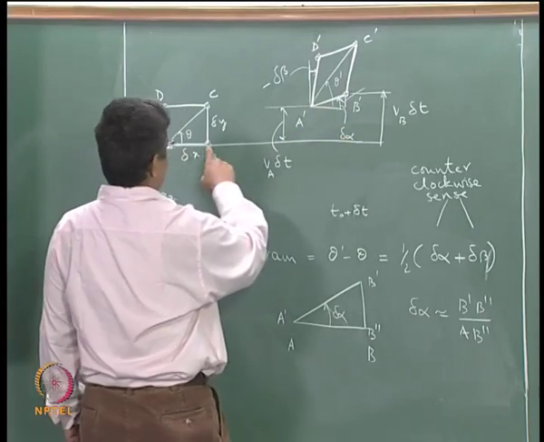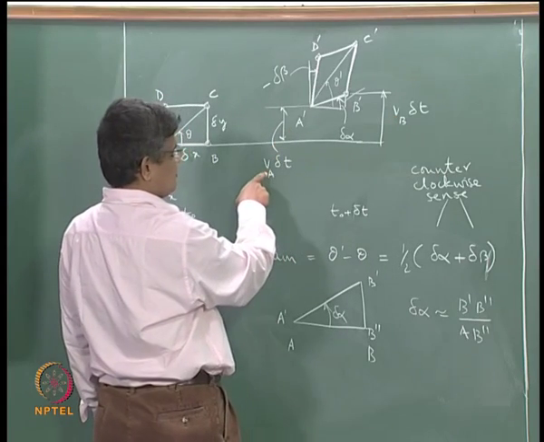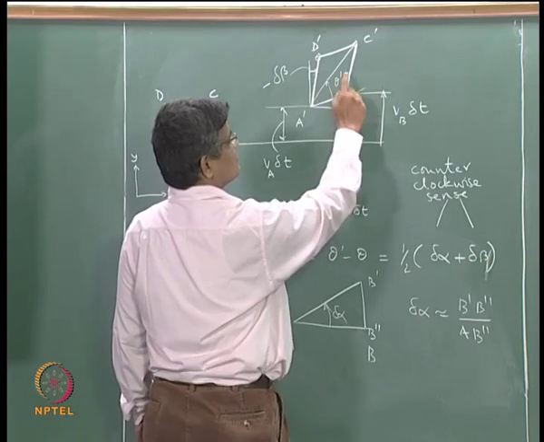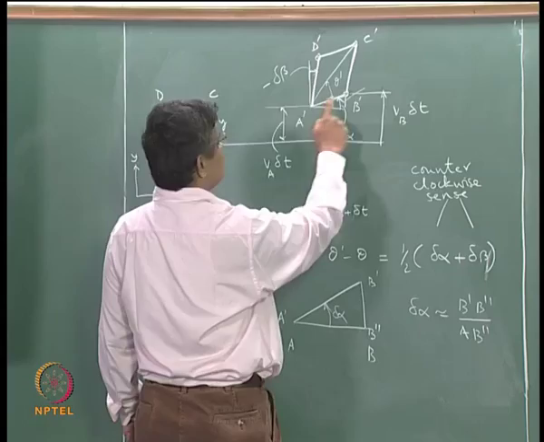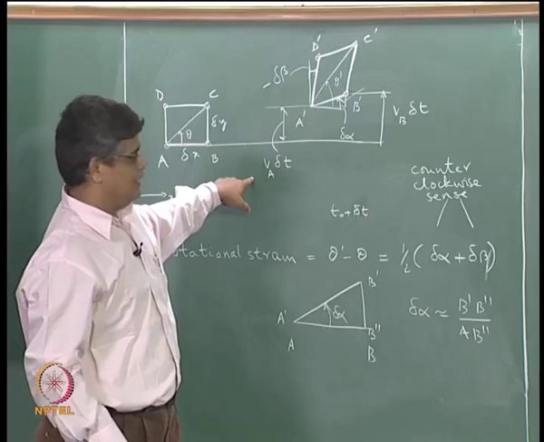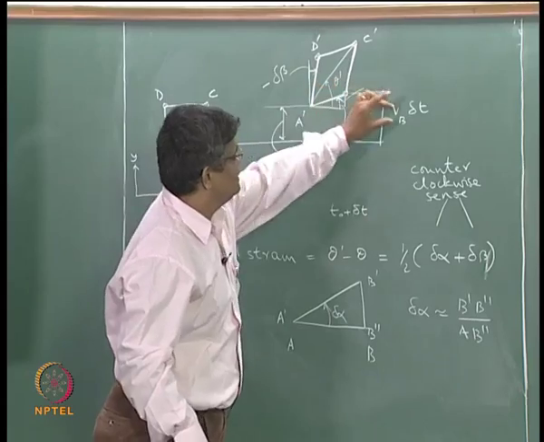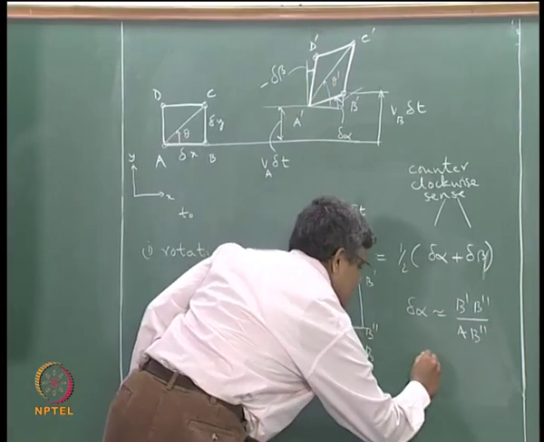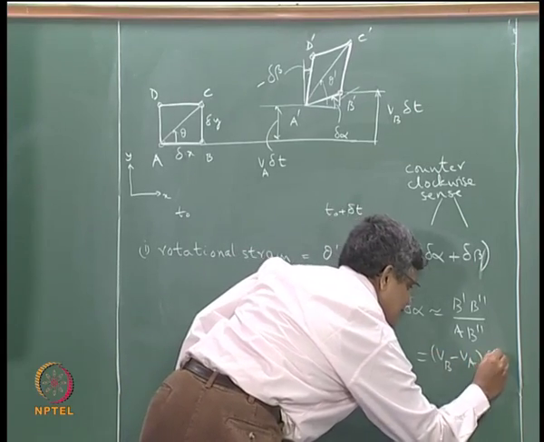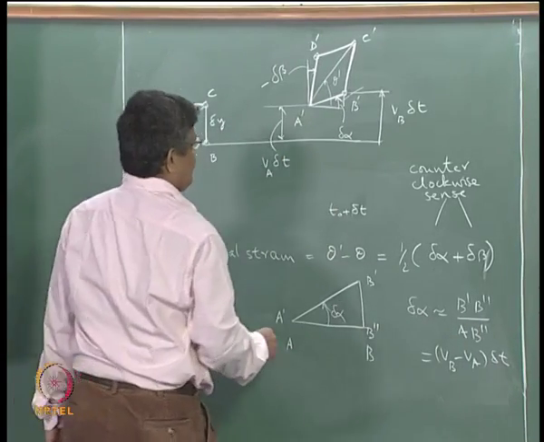Because particle B has a vertical velocity component VB which is greater than the vertical velocity component of point A, it has gone a higher vertical distance. That is why B prime is at a higher position compared to A prime. So the difference between VB and VA has led to a relative movement of B prime. So we can write this as VB minus VA times delta t by AB double prime.